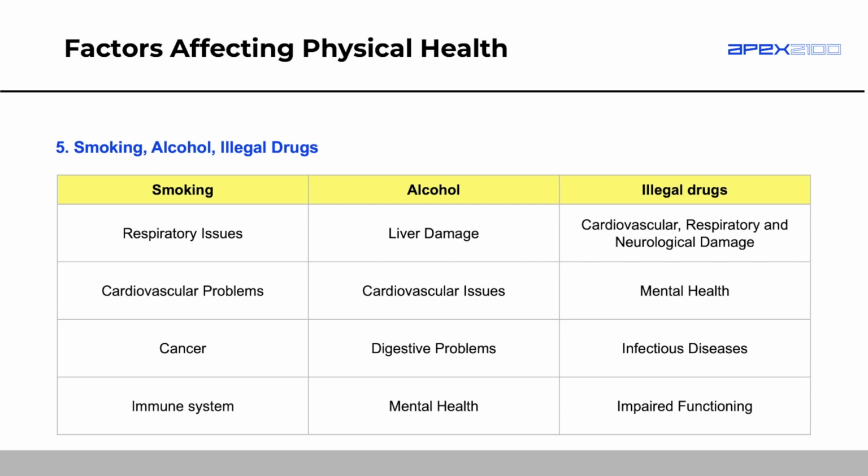It can increase our risk of infectious diseases through sharing needles or engaging in risky behaviors, like HIV and hepatitis. And then impaired functioning: it can impair our motor functions, where we're not able to control our body properly, and that might lead to accidents or injuries.